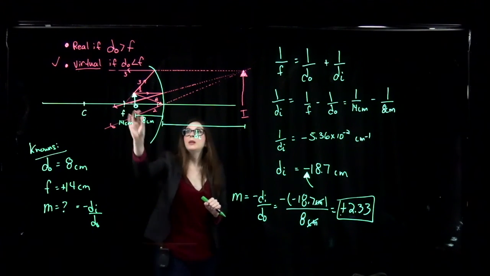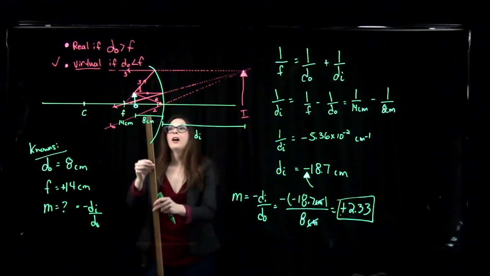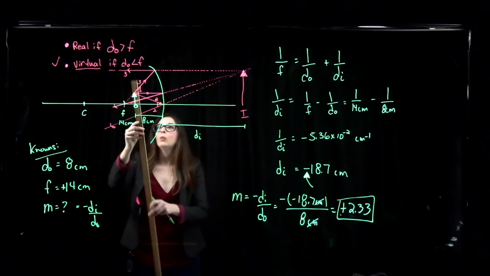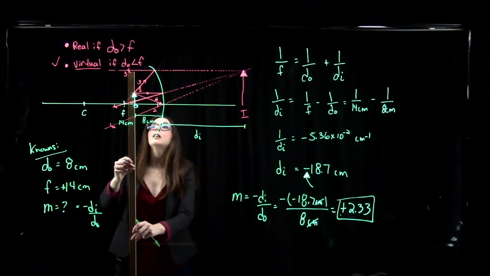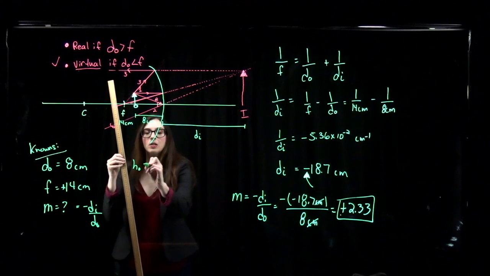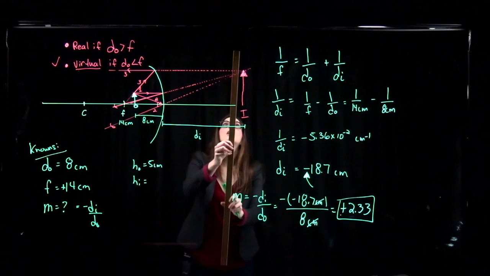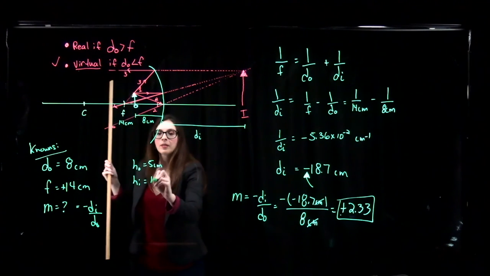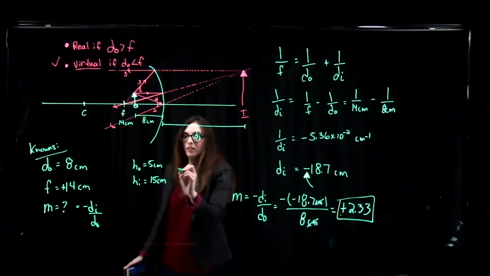So I could actually come in here and measure the heights of these and find out if I've actually done that. So maybe let's do that, because we haven't done that really before. So this object here is about 5 centimeters. Okay, so HO is about 5 centimeters. Then we'll measure the height of our image. The height of my image is about 15 centimeters. Okay, so 15 divided by 5, that's 3.